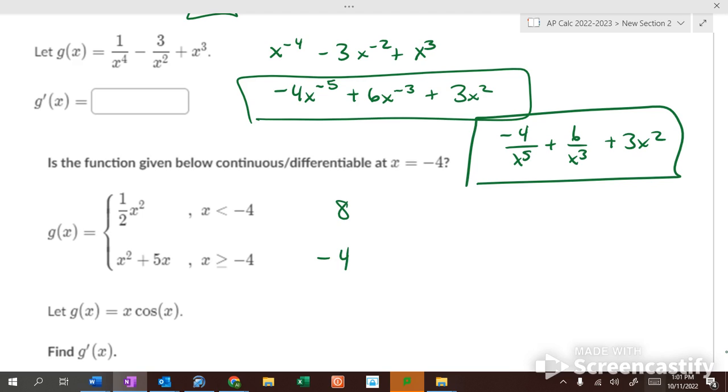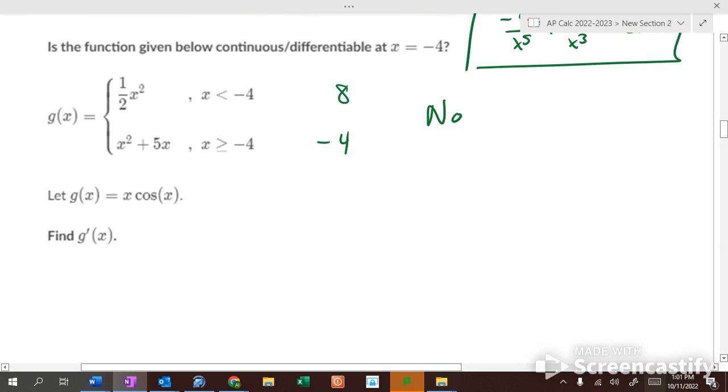Is it continuous? No. So then would it be differentiable? No, because if it's not continuous, it cannot be differentiable. Okay? If it is continuous, does it have to be differentiable? No. And on this one, it wouldn't be, because the slope of this one would be different than the slope of this one as they come in.